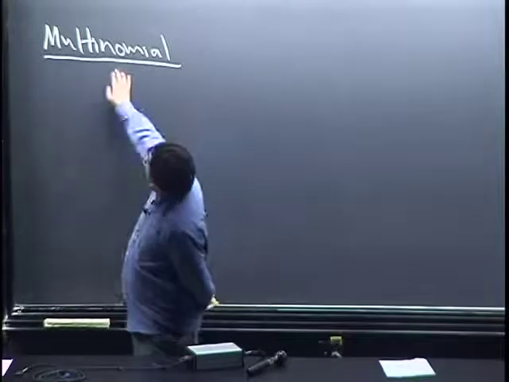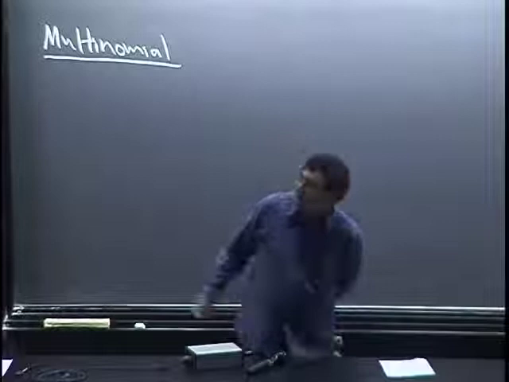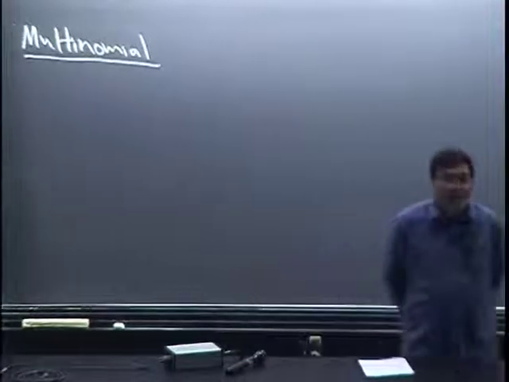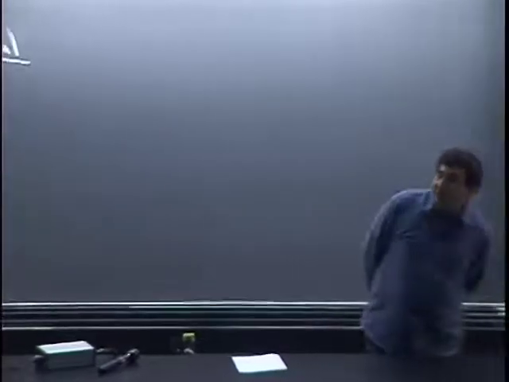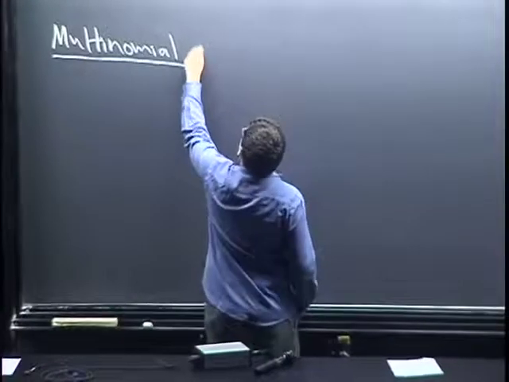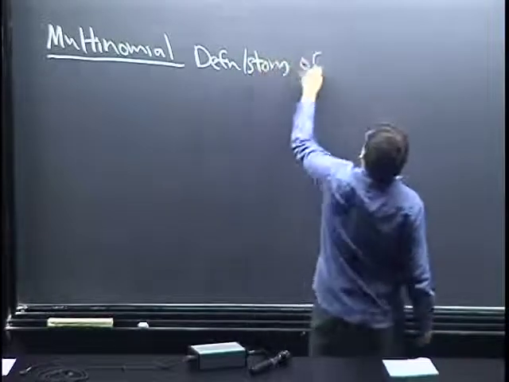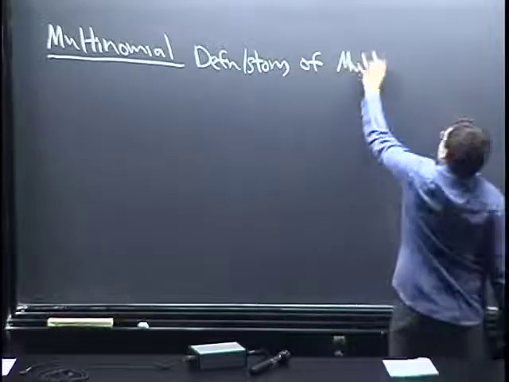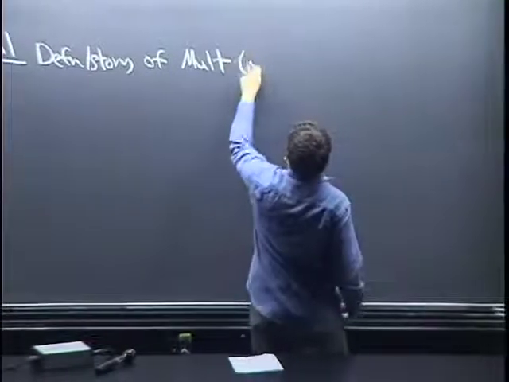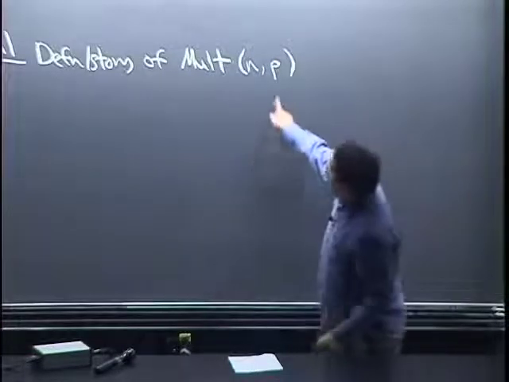Okay, so multinomial, as the name might suggest, it's a generalization of the binomial, right? Bi becomes multi, okay? So it's like a higher dimensional version of the binomial, and let's just introduce it by its story. So this is the definition and story of the multinomial, which I'll sometimes just abbreviate to Mult(n, p). It has 2 parameters, n and p, like the binomial, except in this case, this p is actually a vector.